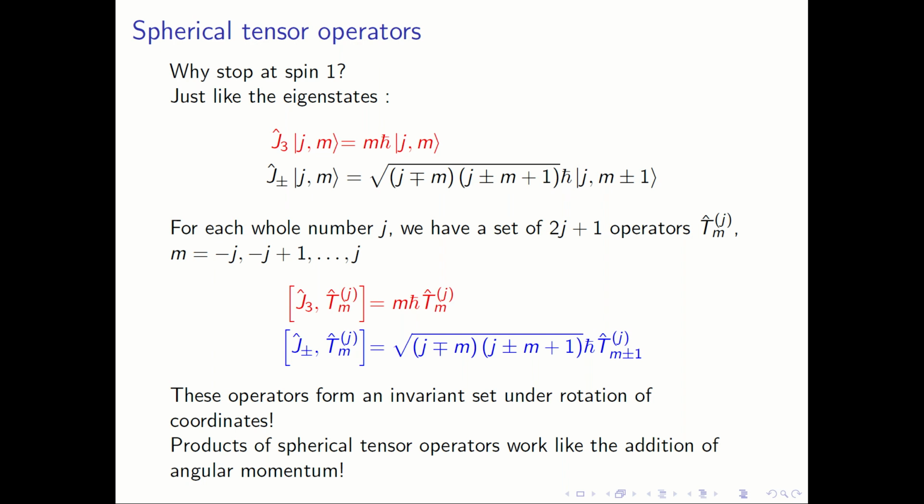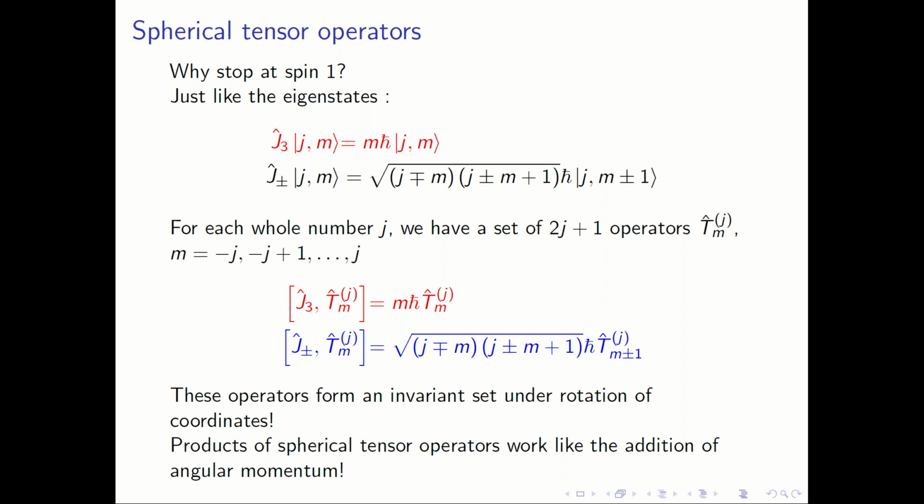Just like J3 and J plus minus are operators which act on the states Jm of the vector space, ad J3 or ad J plus minus are quote unquote super operators which act on the operators Tjm, and all we are saying really is that Tjm's are eigenstates of the operator ad J3.